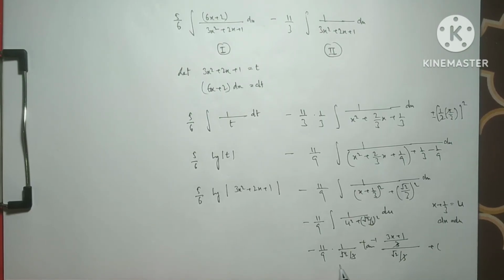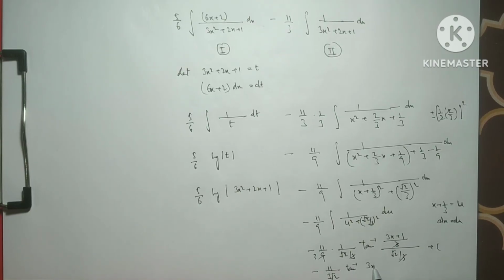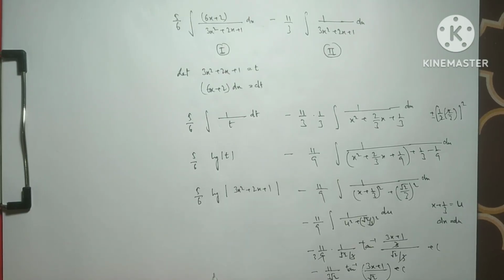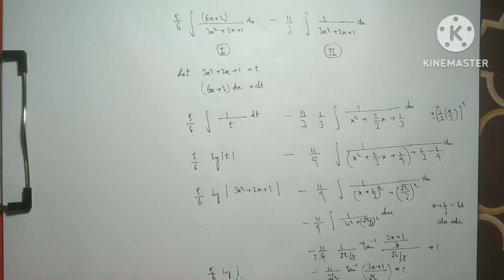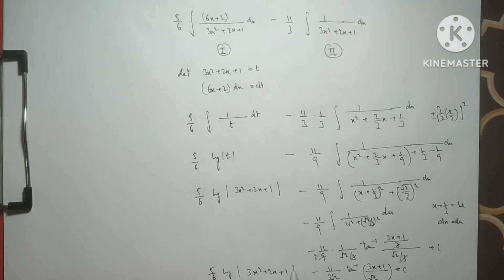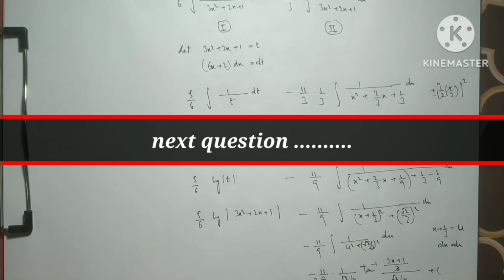So as a result we get 11 over 3 root 2 tan inverse 3x plus 1 over root 2 plus c, and the first part as it is, 5 over 6 log of 3x square plus 2x plus 1. So this is our answer.